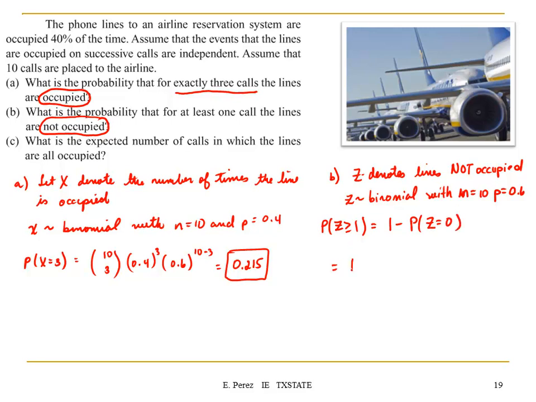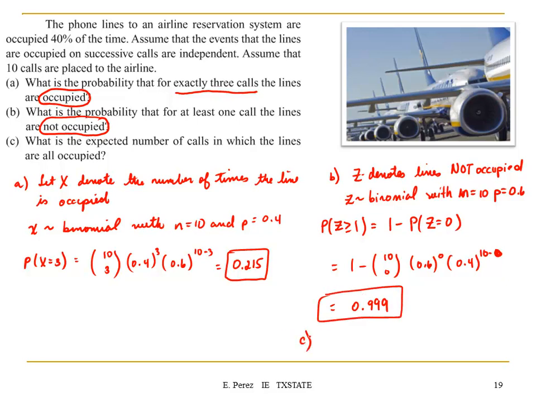And that is 1 minus 10 choose 0, 0.6 to the power of 0, 0.4 to the power of 10 minus 0. And this is 0.999.